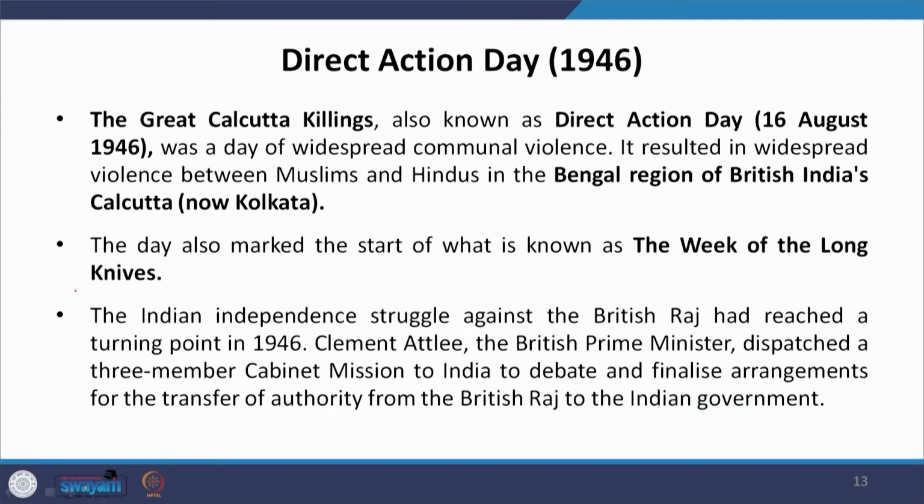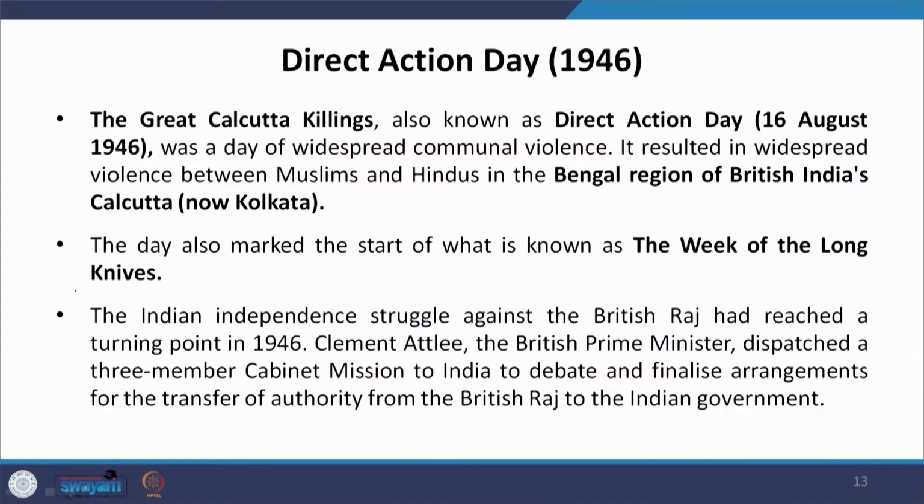Next, we are going to talk about a gruesome chapter in the history of pre-partition India, a chapter that is almost marked with blood, when we talk about Calcutta and the year that preceded partition. It is called the Direct Action Day.